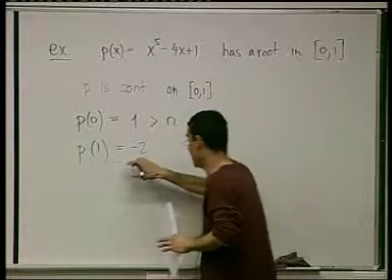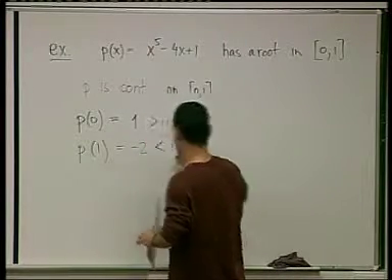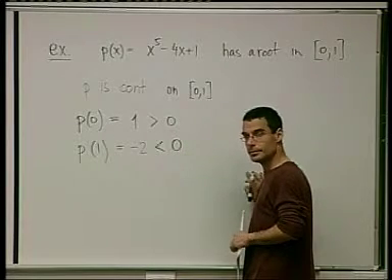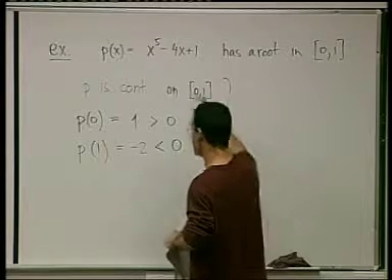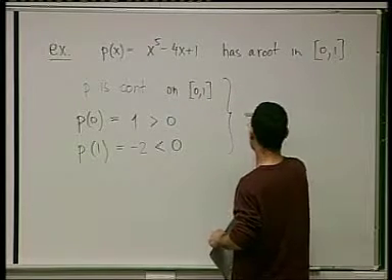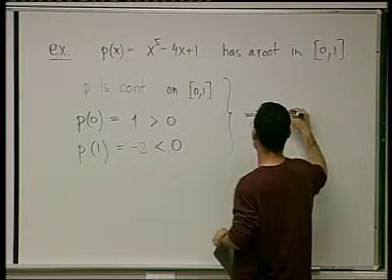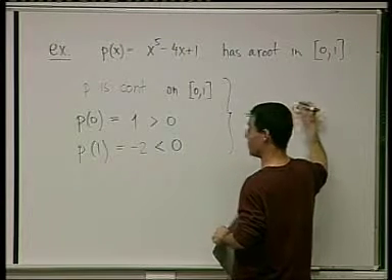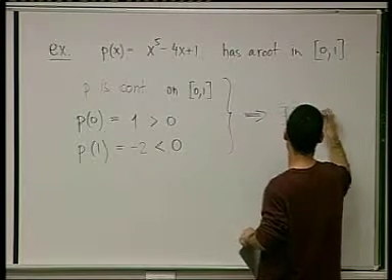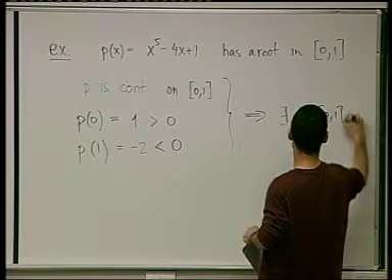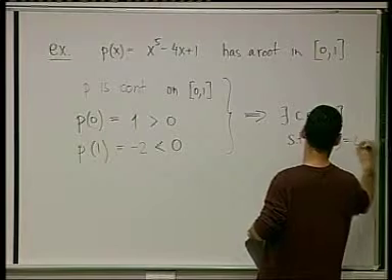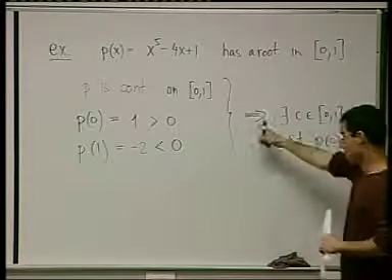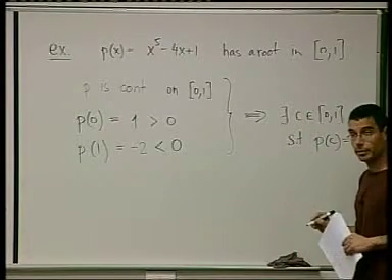We don't really care about what the value is. It's negative. Right? So these three conditions, by the previous theorem, we're done. There exists a C in 0, 1 such that P of C is 0. By the previous theorem. Good?